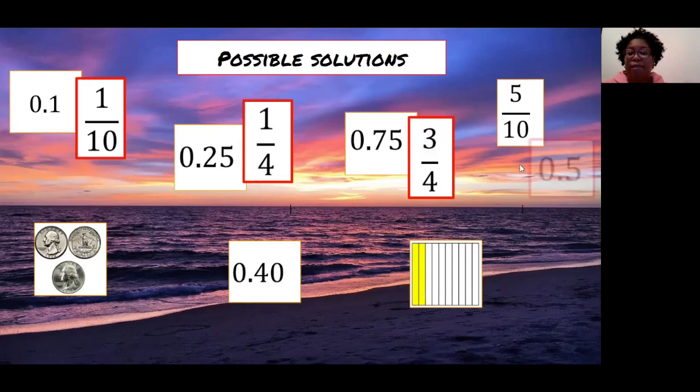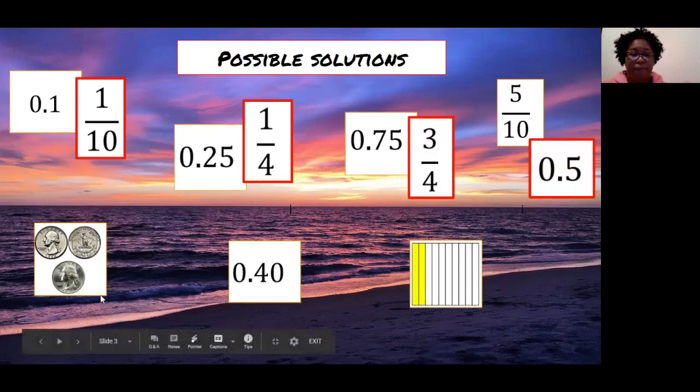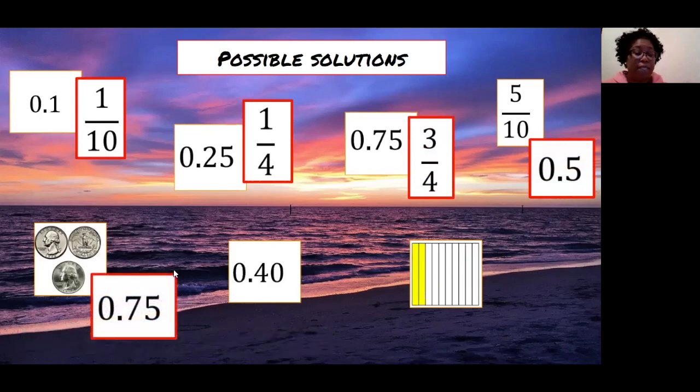5/10 could have been written as a decimal, or you could have written 1/2 because there's a relationship there too. 75 hundredths, 75 cents, 75 over 100. 40 hundredths.